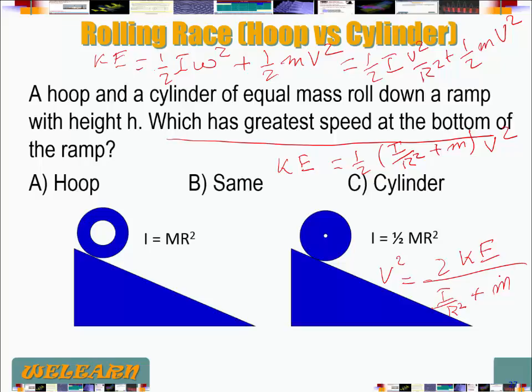Both of them have the same mass. So the one that's going to have the larger I is going to have the larger denominator here, so the smaller velocity. So which one has the larger I?